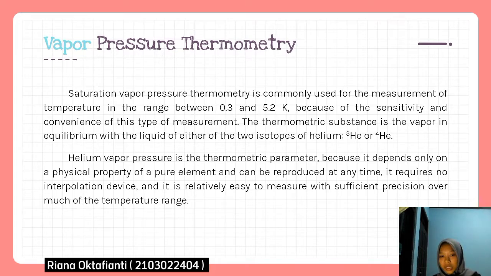Helium vapor pressure is the thermometric parameter because it depends only on a physical property of a pure element and can be reproduced at any time. It requires no interpolation device and it is relatively easy to measure with significant precision over much of the temperature range.